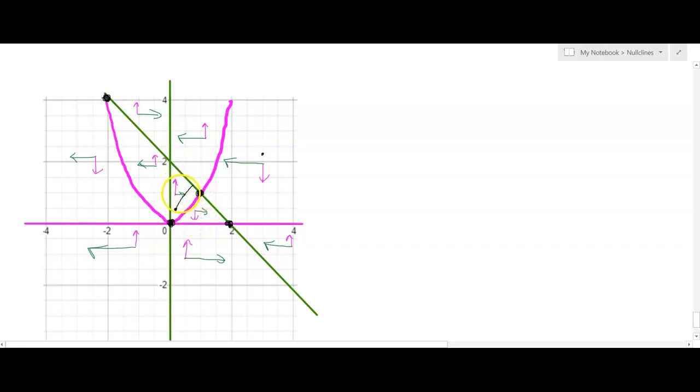That's an x Nullcline, which means you see there's a rightward pointing arrow to the left of it, and a left pointing arrow to the right of it, which means the only way to pass through this is to go straight up into this region. And we already know what's going to happen here. That point's going to go off either to infinity like that, or off to infinity like that. And so all those points are just going to have an infinitely growing y component.